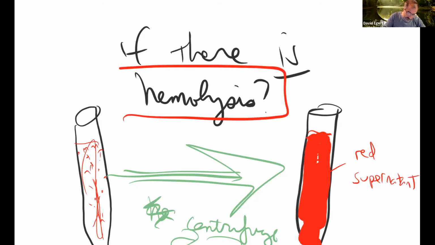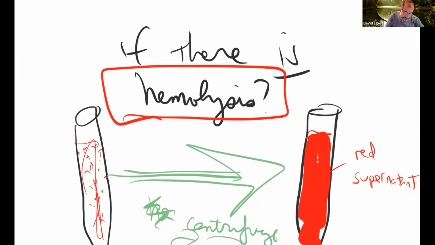So that is telling us that hemolysis happened. That means that the blood cells exploded, spilled their hemoglobin into solution, and therefore, when you spin it, everything just stays red.